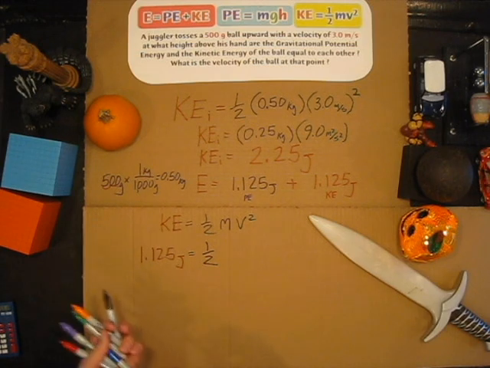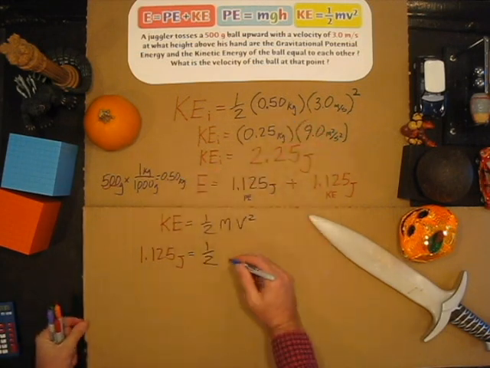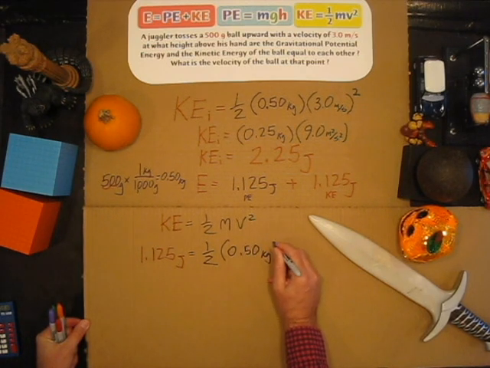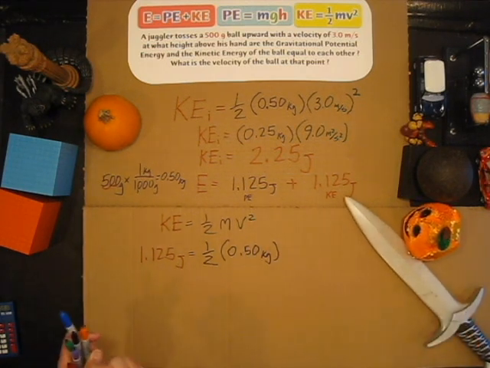And don't we know the mass of the object? Oh yeah, we already converted that to kilograms. So 0.50 kilograms. And then we need to know the velocity. That's what we're solving for.